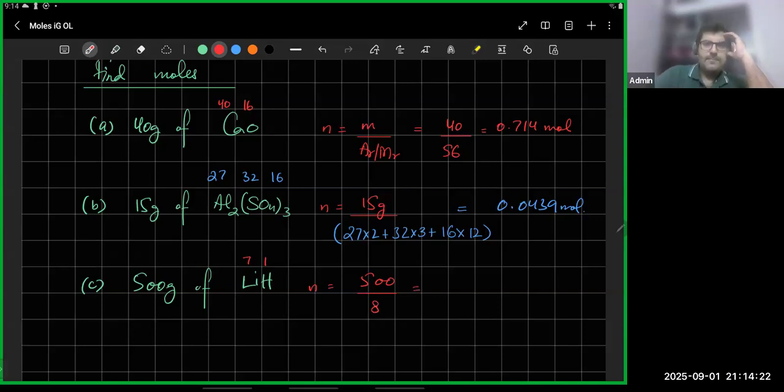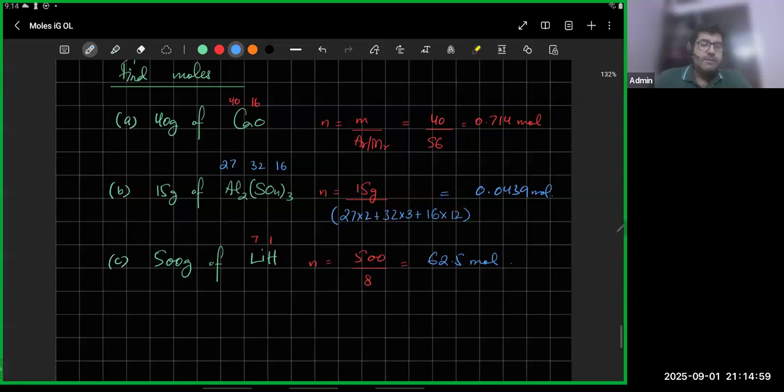What do we get? 62.5 moles. So okay, that's moles as mass divided by molar mass.